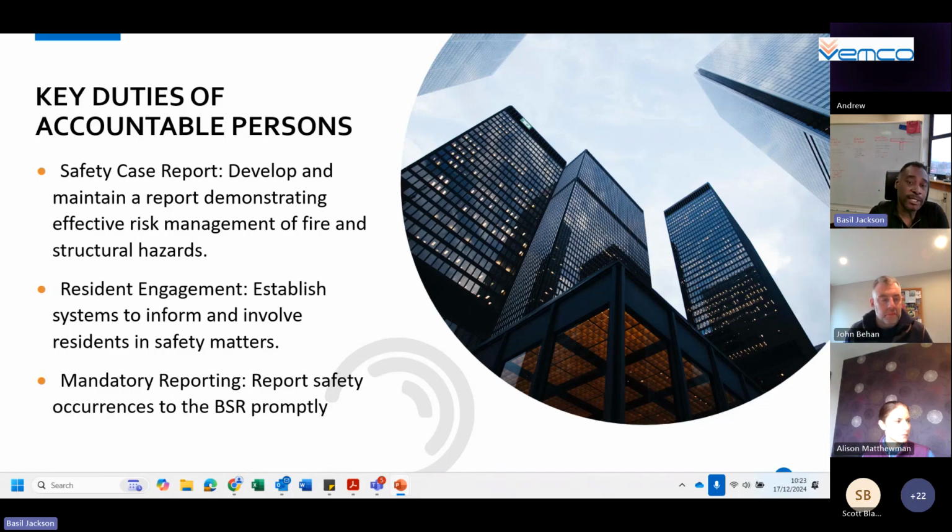Now, some information is more fundamental than other information. If I said you want to submit your building safety case report to the BSR without a fire strategy, I'm going to suggest that, given the legislation is about dealing with fire, if you don't understand your building and how it is to perform in the event of a fire, i.e. via your fire strategy, it's going to be very, very difficult to demonstrate to the building safety regulator that you are managing the risks associated with your building.